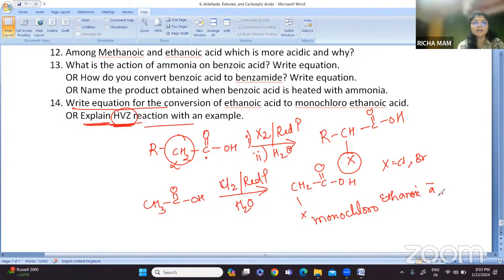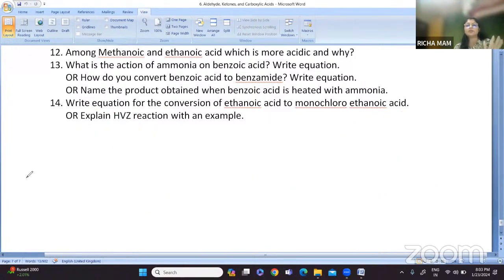Is it clear? Any doubts? From this chapter, we have covered most of the questions. We have seen the MCQs, in the previous session we saw the important name reactions, and today we saw how the direct question is asked as well as the twisted, applicative way the question can be asked.